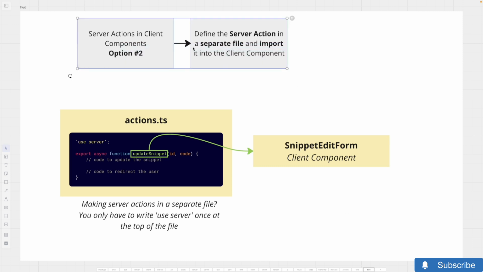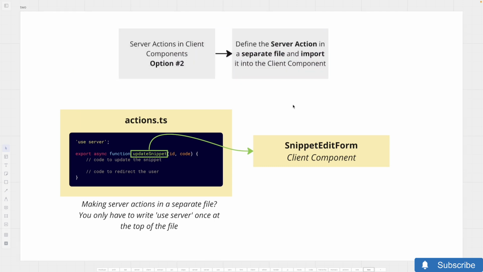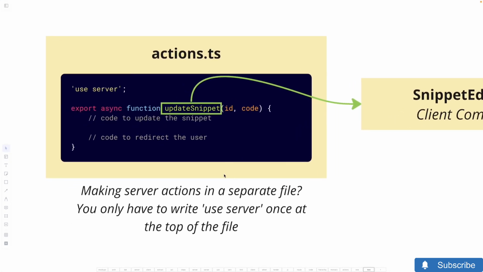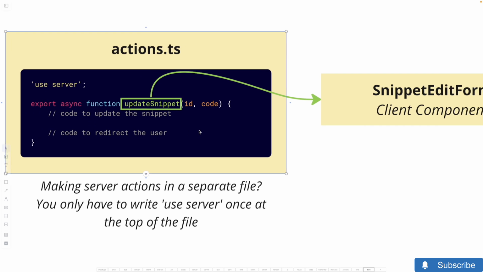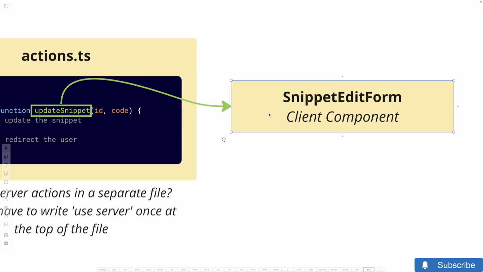Option number two, we can define a separate file inside of our project and then define one or more server actions inside there. So maybe inside of a new file called something like actions.ts, we can make a server action or multiple server actions if we want to. We can then export that and then very simply import it into our client component and call it.